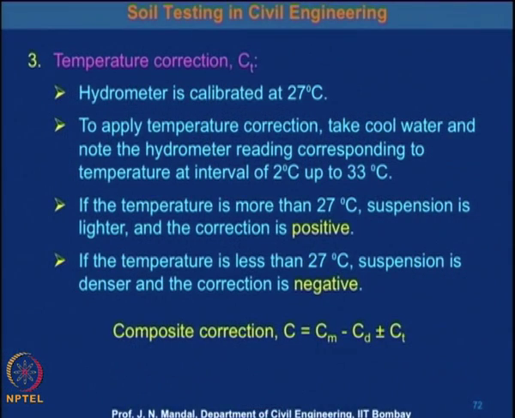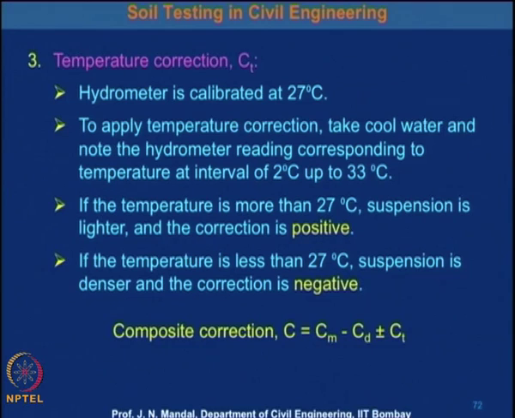Apart from that, there is a temperature correction that is denoted as Ct. The hydrometer reading is generally calibrated at a temperature of 27 degrees centigrade. To apply the temperature correction, take cool water and note the hydrometer reading corresponding to the temperature at intervals of 2 degrees up to 33 degrees centigrade.